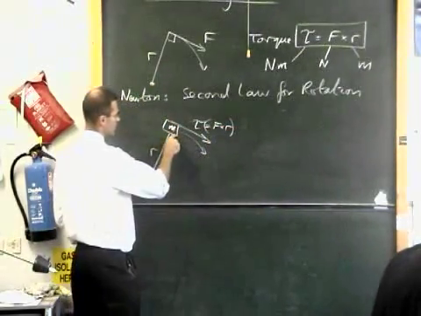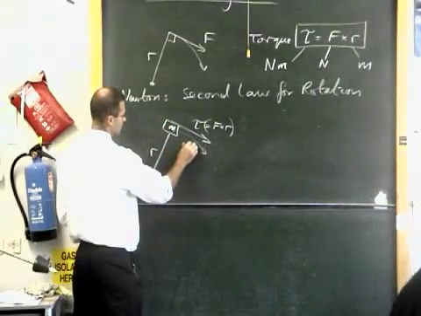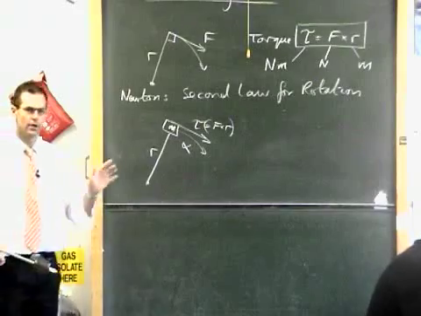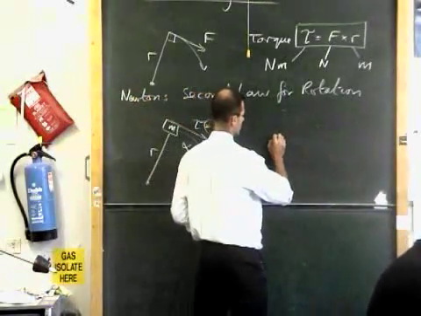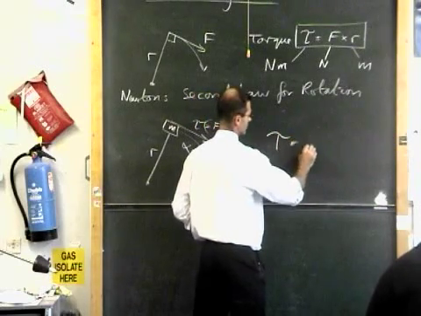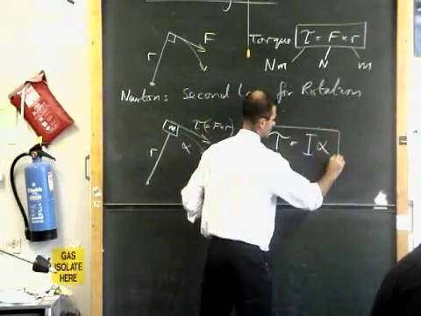And it's got an angular acceleration of alpha. Now, alpha, remember, is the rate at which omega is increasing, not the central acceleration. And the three things are related by tau equals I alpha.